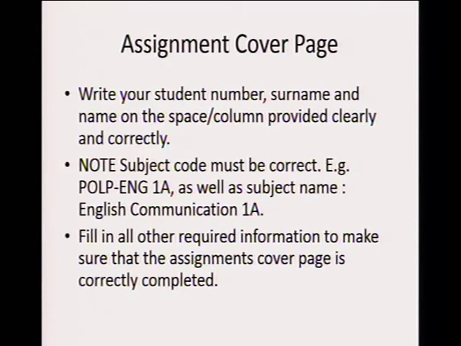Note, subject code must be correct. For example, Polc-Eng 1A, as well as the subject name English Communication 1A. Fill in all other required information to make sure that the assignment cover page is correctly completed.